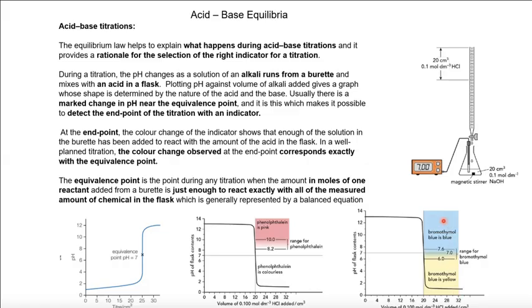Okay, so here we use bromothymol blue, and this is blue when the pH is higher than 8 or so. At 7, it changes color. So at this pH, we reach the end point. The range of bromothymol blue is given here, 7.6 to 7.